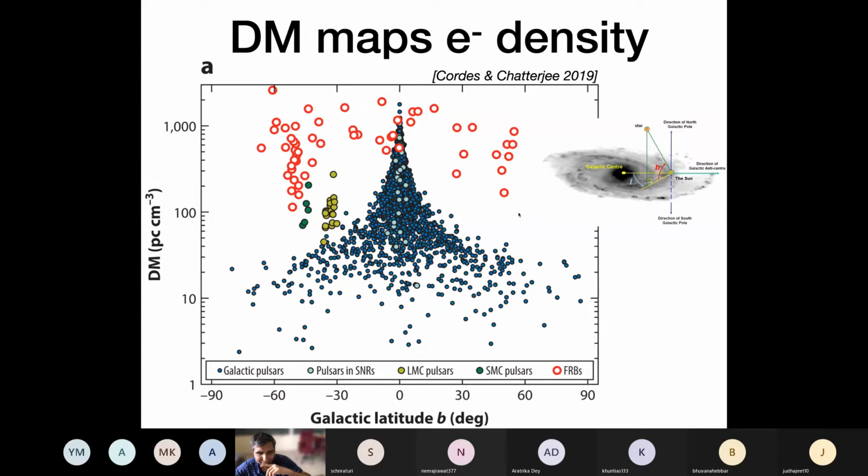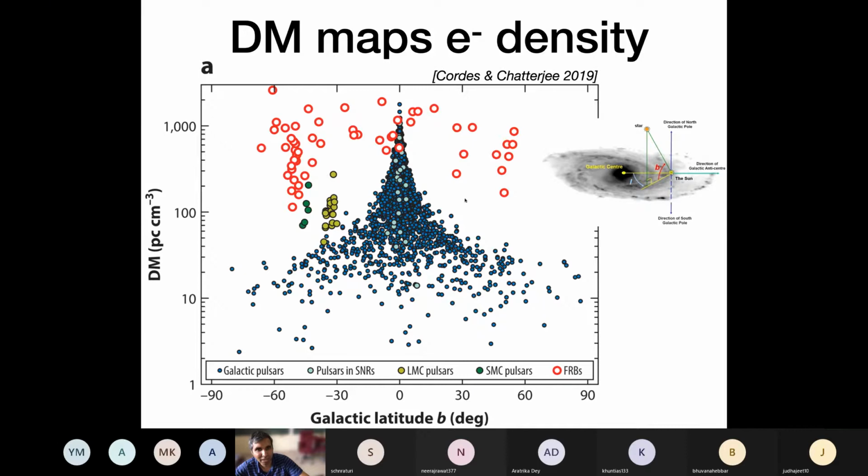Now these red guys are something called fast radio bursts. These are a very recent discovery, less than 20 years old, of a new, very transient pulsing phenomenon, and their DMs are very, very high. These FRBs are supposed to be cosmological objects that are very, very far from us, and they accumulate DM as their light passes through the ionized intergalactic medium.